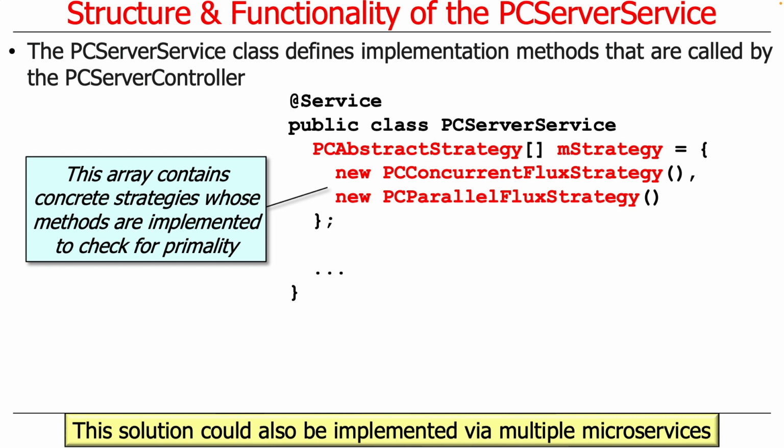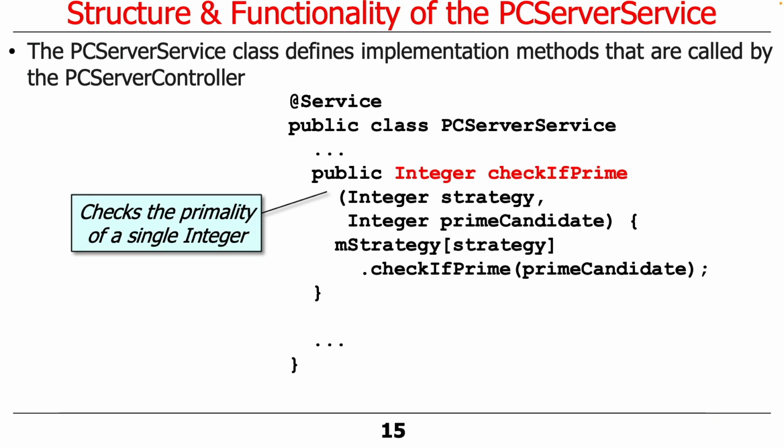And we initialize it with two instances in the array. One is the PC, for PrimeChecker, concurrent flux strategy, and the other is PC parallel flux strategy. We could do this other ways, of course, but I wanted to consolidate it in one place.